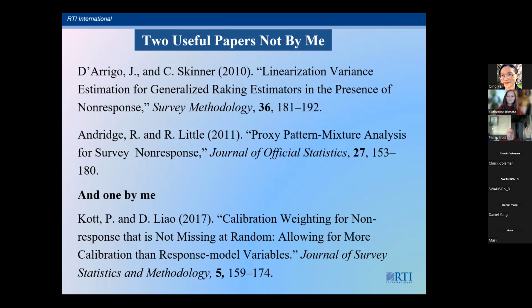The reason why I prefer the response model is the same reason we weight the data, because we're not trying to estimate one thing. The pattern mixture model is great if you're only trying to estimate one thing. I don't know how many of you run surveys that try to estimate one thing.